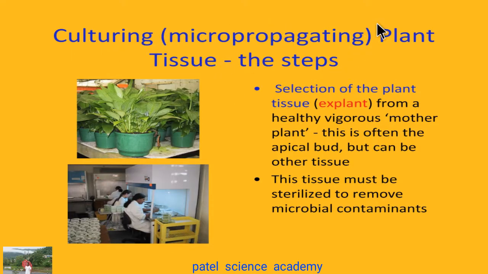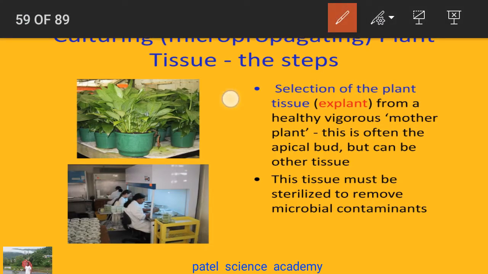Culturing of plant tissue is also called micropropagation. This micropropagation, or plant tissue culture, includes a few steps. We'll see all these steps one by one here, dear students. Step number 1 includes the selection of the plant tissue, that is the explant, as I told you earlier.